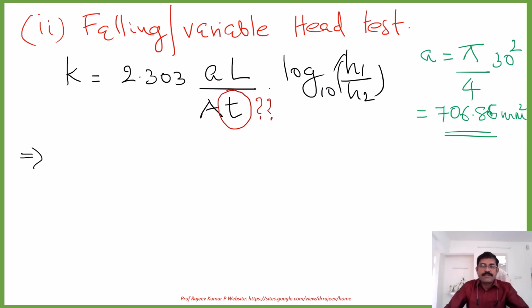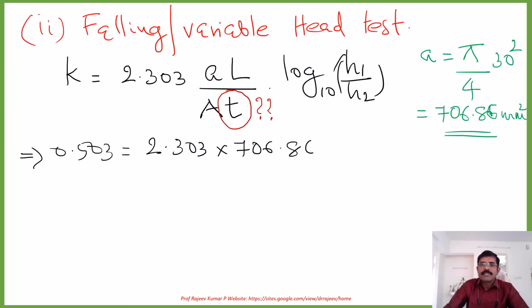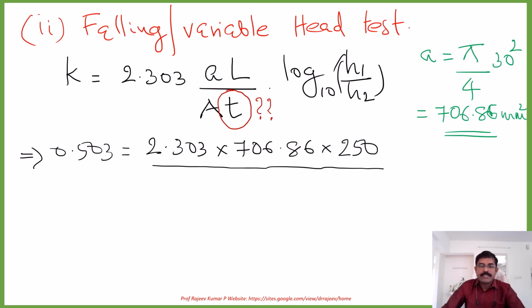So we substitute all these things: 0.503 is equal to 2.303 into a, which is 706.86, into the length over which the flow takes place, we are considering only 250 millimeter as capital L, as given in the question, divided by capital A, already calculated as 4417.86, and the unknown is time t.